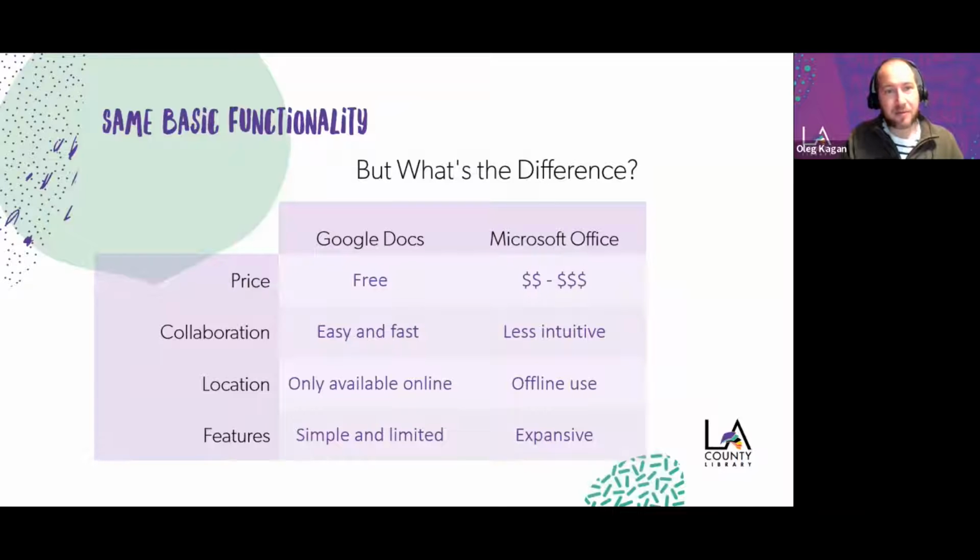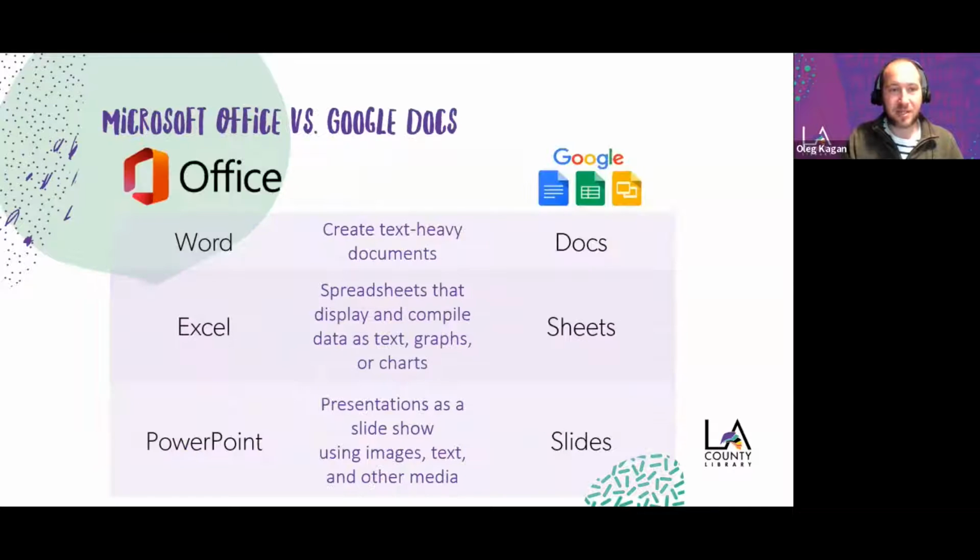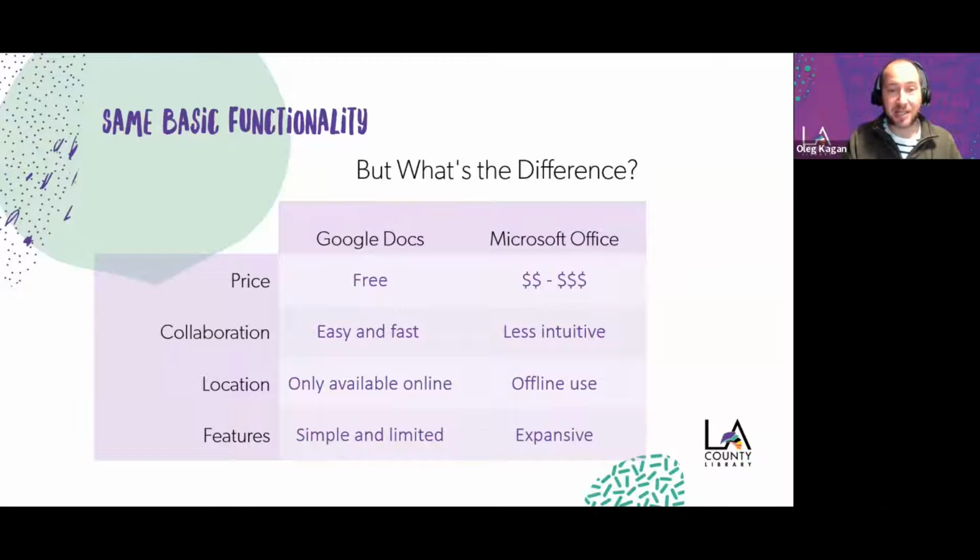So they have, as I've mentioned, the same basic functionality. These 3 different programs, Word and Docs, Excel and Sheets, and PowerPoint and Slides, I should say categories of program, have essentially very similar basic functionality. Once you get beyond the basics, then they diverge.